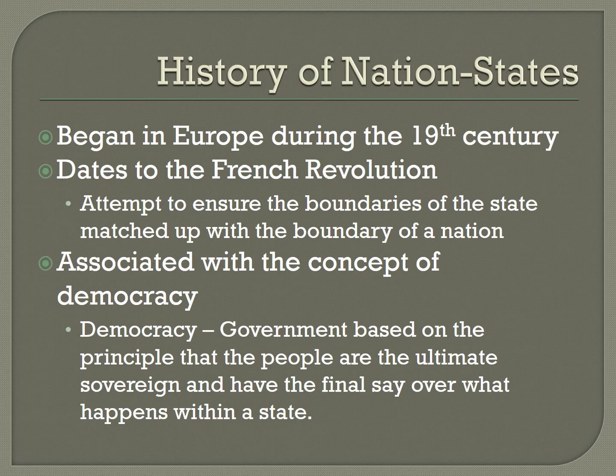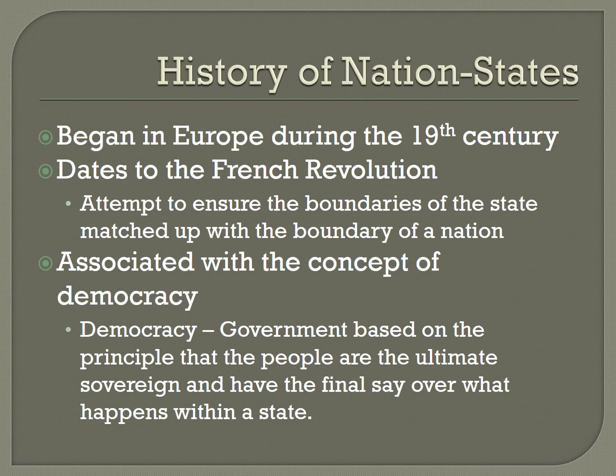As far as the history behind nation-states, again, we mentioned in unit number 7 that it began in Europe around the 19th century, and to a certain extent it correlates to or has similar origins as the French Revolution. And because of that, there's a strong connection to the spread of democracy as well.